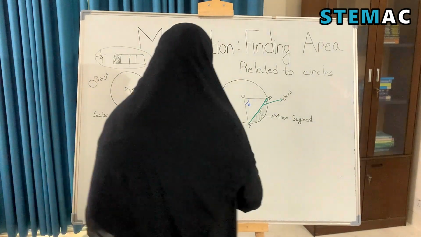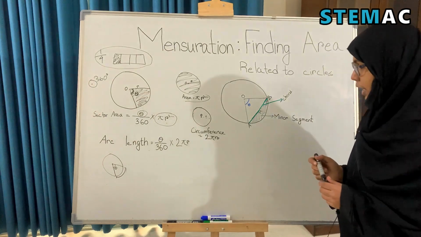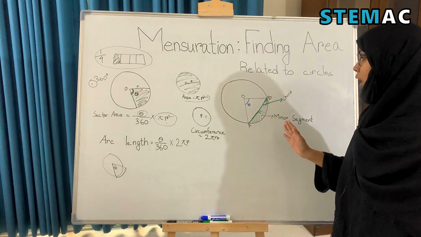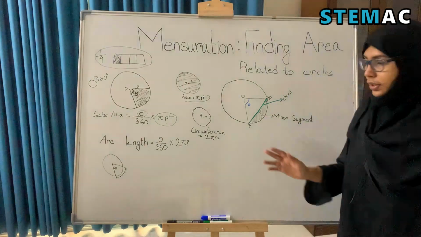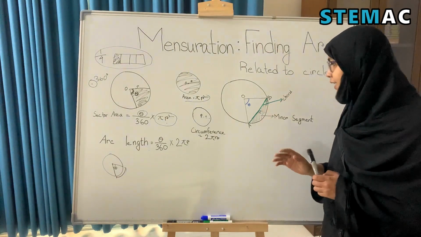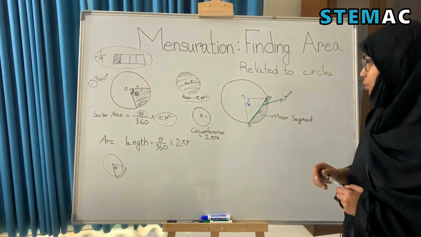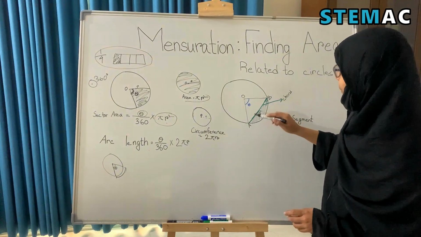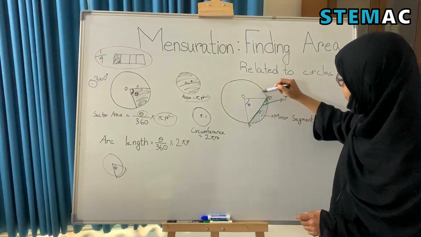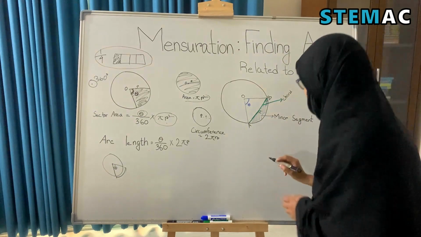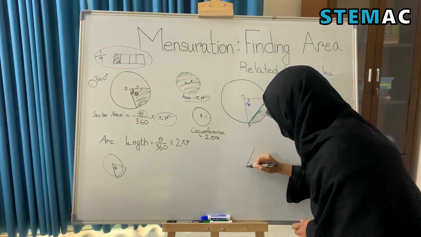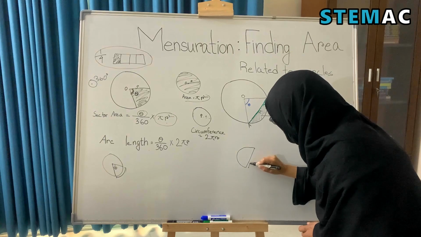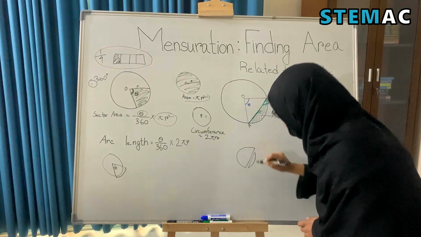Now we are going to learn what a chord is. A chord is any line that cuts the circle into two parts. So this chord is cutting the circle into this part and this part.